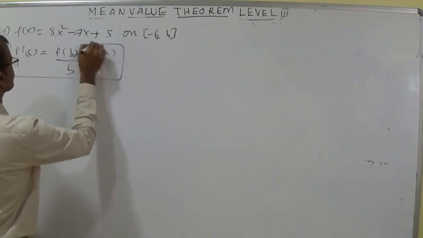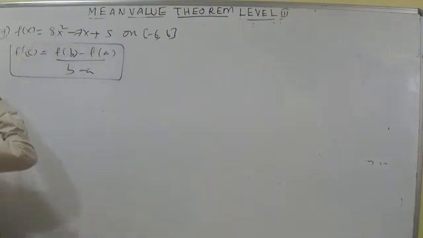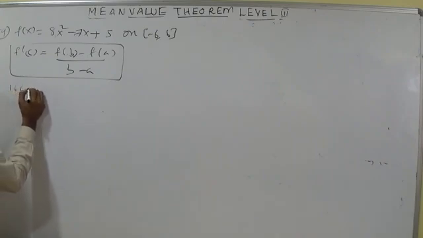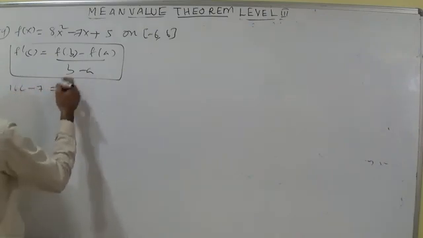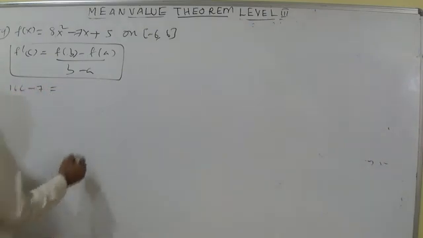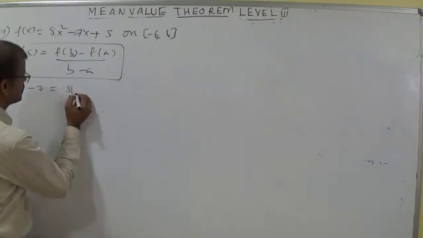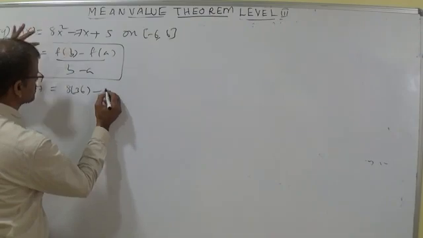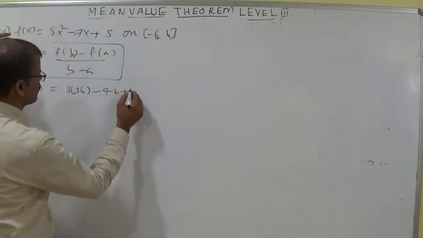Simple question. Now f dash c is 16c minus 7, is equal to, let us substitute the values: 8 into 6 square, 8 into 36, minus 7 into 6, 42, plus 5.